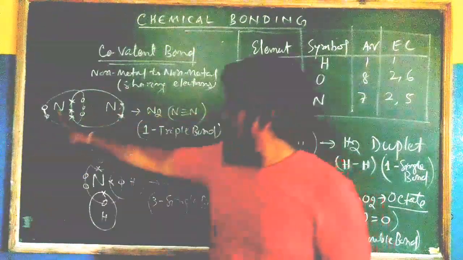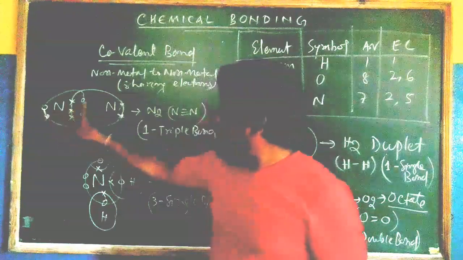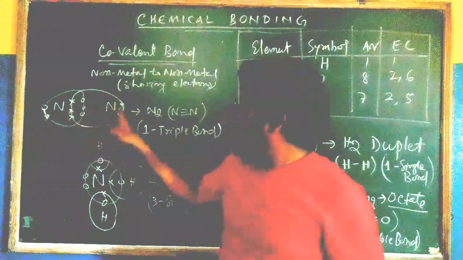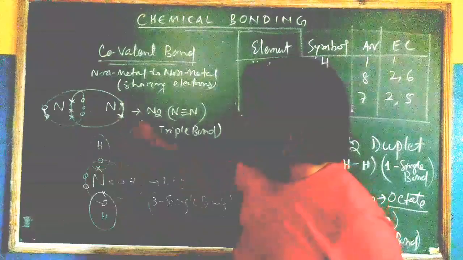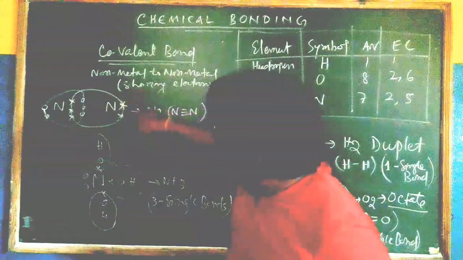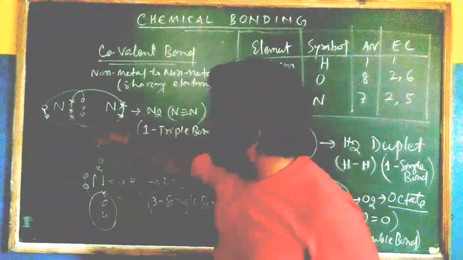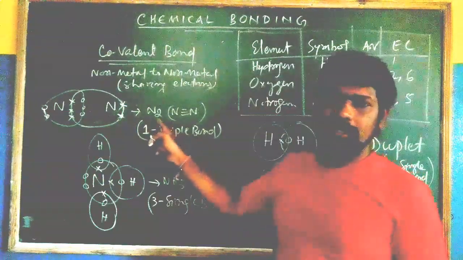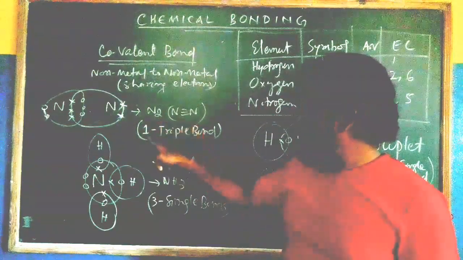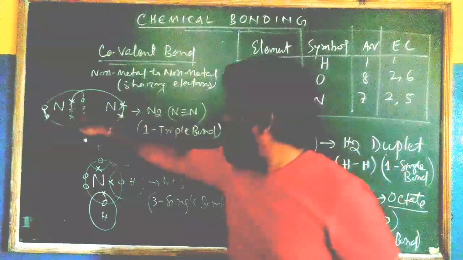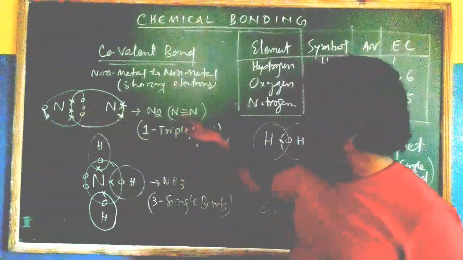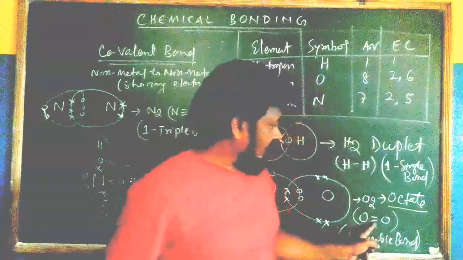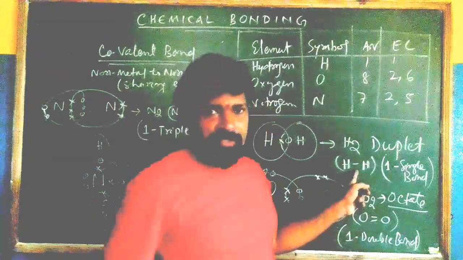So the first nitrogen claims 1, 2, 3, 4, 5, 6, 7, 8, and the second nitrogen also claims 8. So both have 8. So N2, the nitrogen molecule, takes place. It is one triple bond: bond 1, bond 2, bond 3. That's why 3 lines are given. For the double bond 2 lines are given, and for hydrogen a single bond.